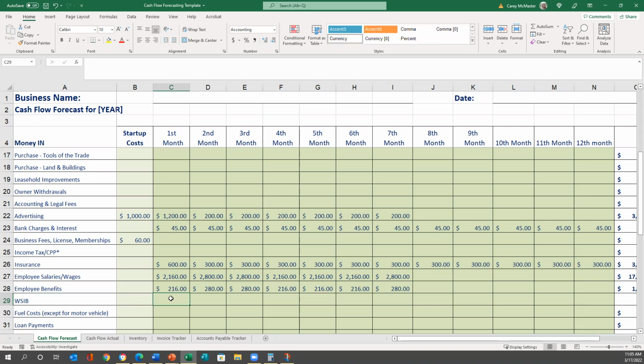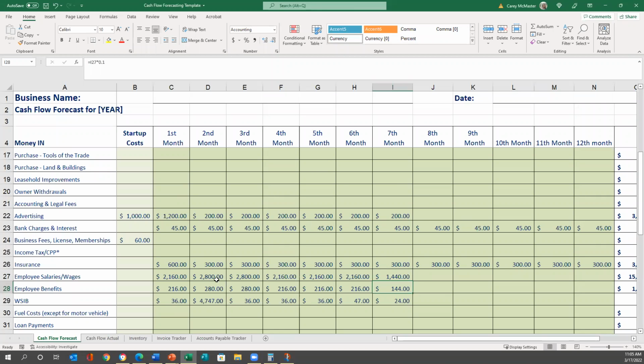I know, based on my research, that the rate per $100 is $1.67. So the WSIB I'm going to have to pay for this employee every month is this.